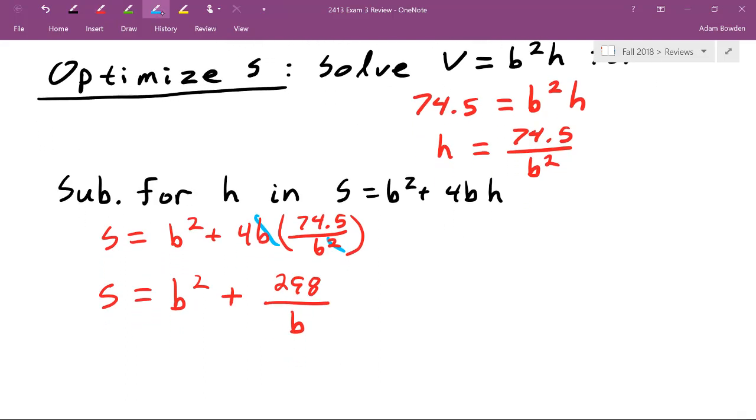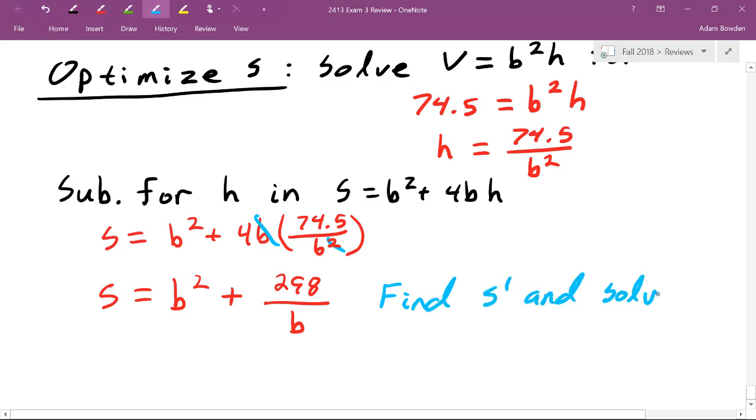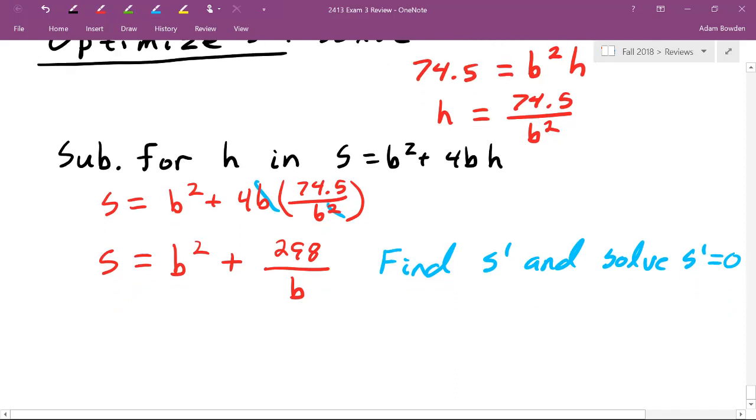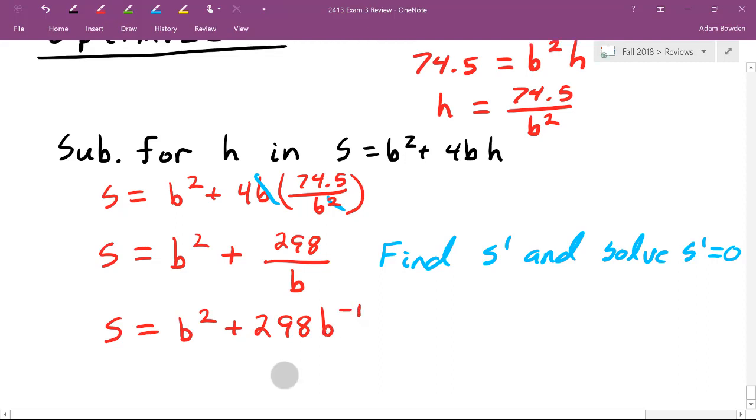Okay, so here's what we're going to do. We're going to find S prime, the derivative, and solve S prime equal to 0 in order to determine the optimal value. So S prime would be, well, first off, let's consider our S as B squared plus 298 times B to the negative 1.